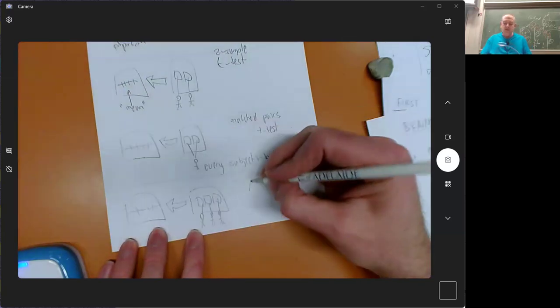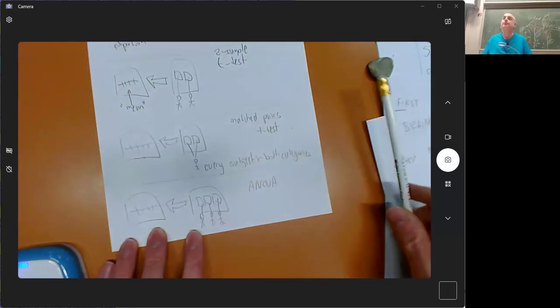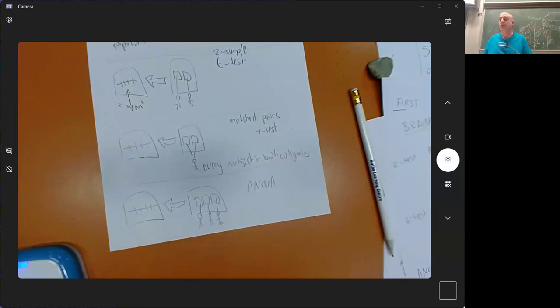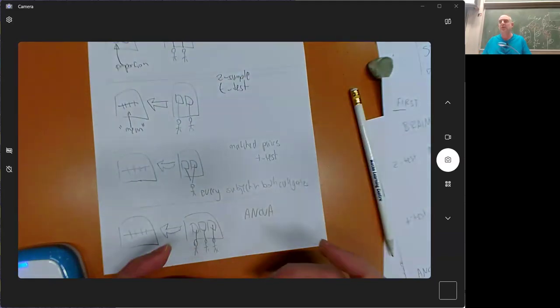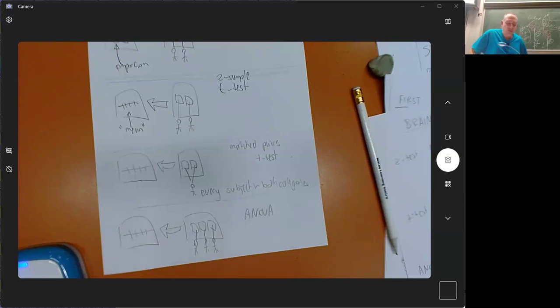This is what analysis of variance is for. It's like the ordinary two-sample t-test, it's just got more categories simultaneously. The calculations you do are different, but in terms of the situation you're in, it's not that different to this.